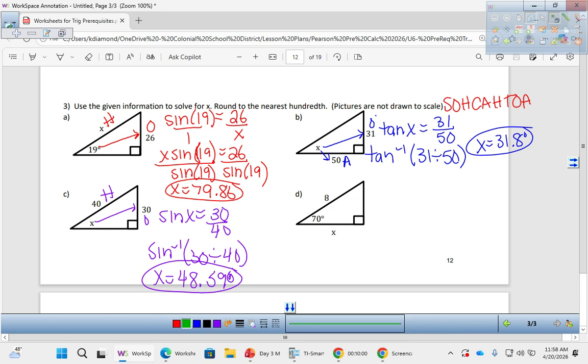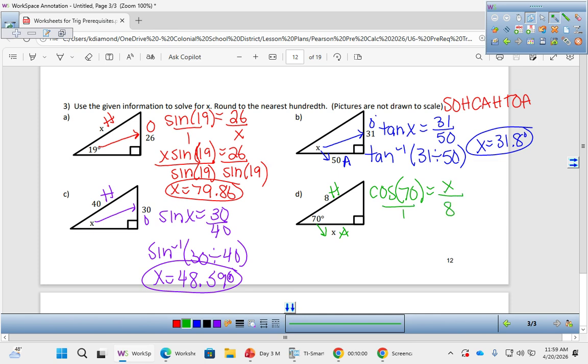Last one here, we've got opposite of the 90 degrees, so we have the hypotenuse, and we've got next to, so we have the adjacent, which means we're working with the cosine, and we have the angle, so it's the cosine of 70 is equal to the adjacent over the hypotenuse.